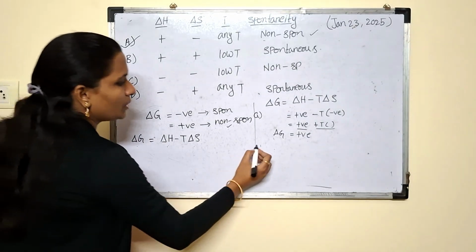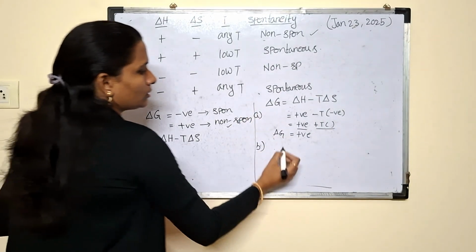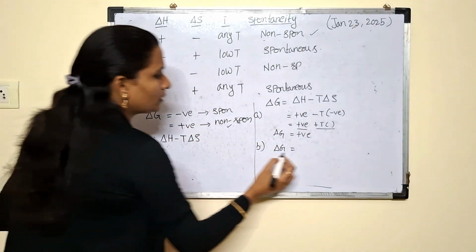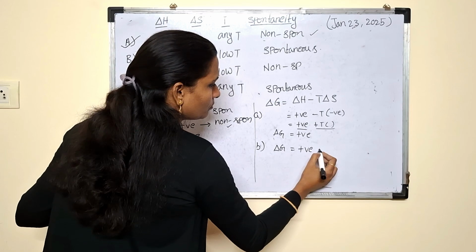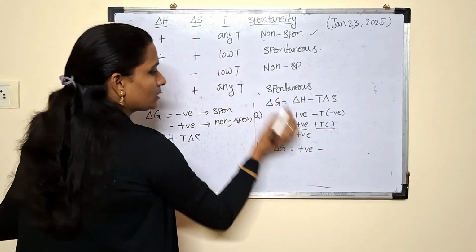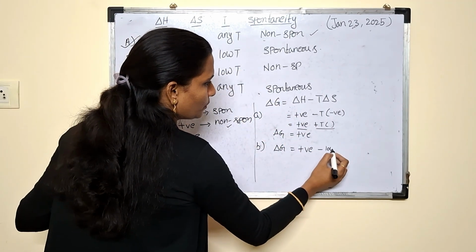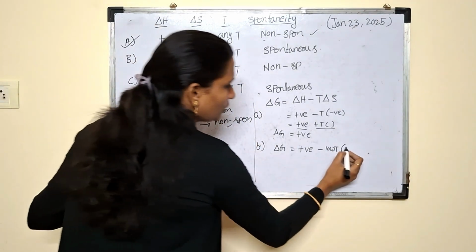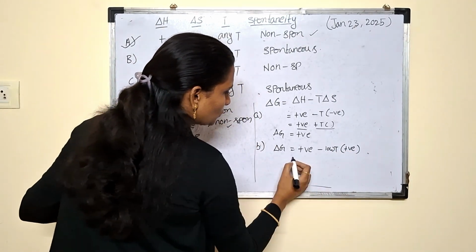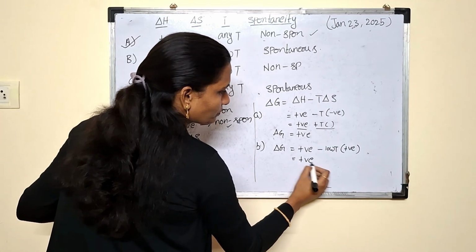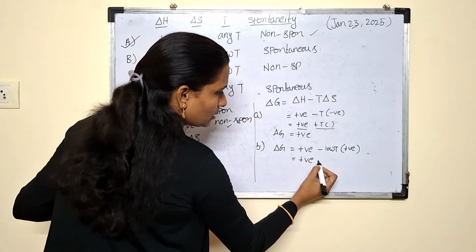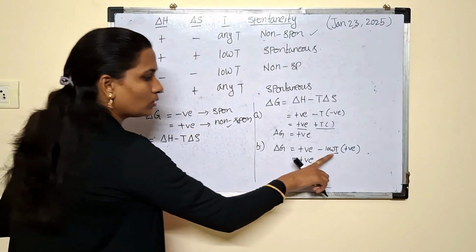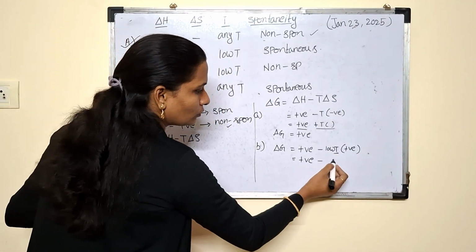Next, coming to B: delta G equals delta H, which is positive, minus T at low temperature, and delta S is positive. Minus of plus is minus, and since the temperature is low, this value will be low.